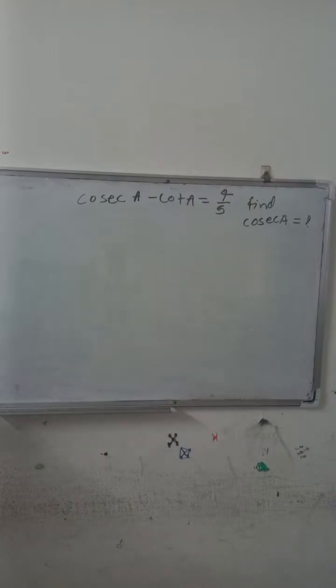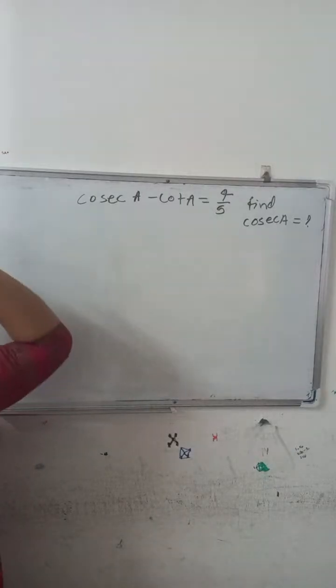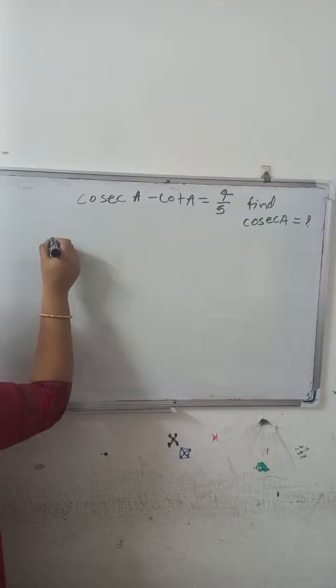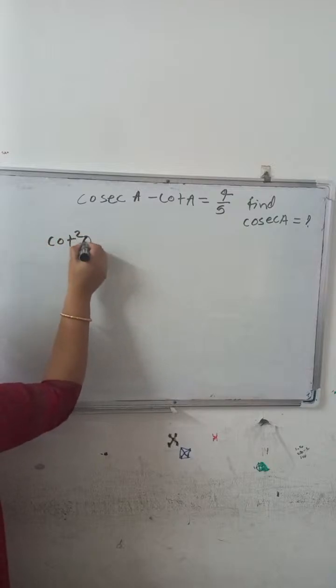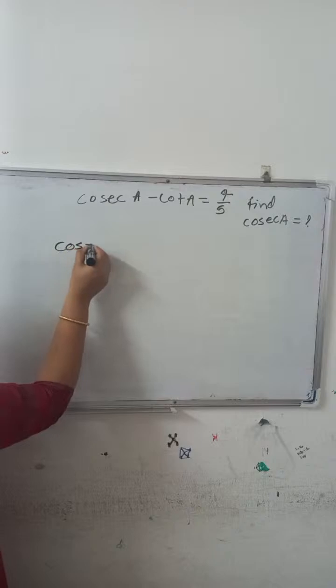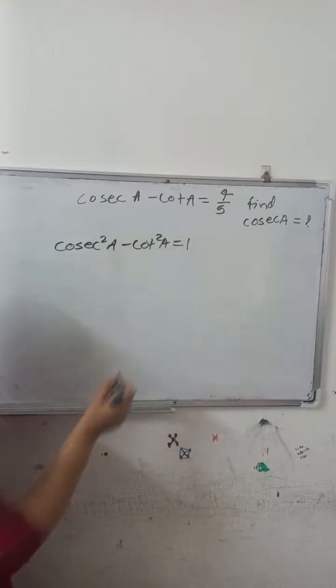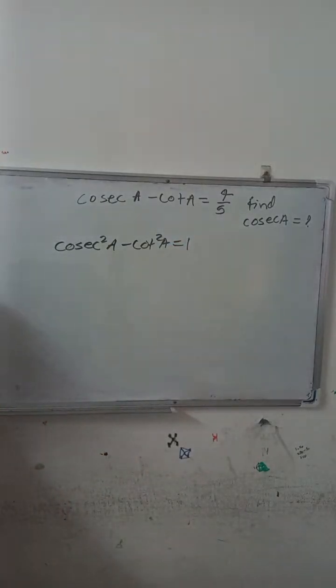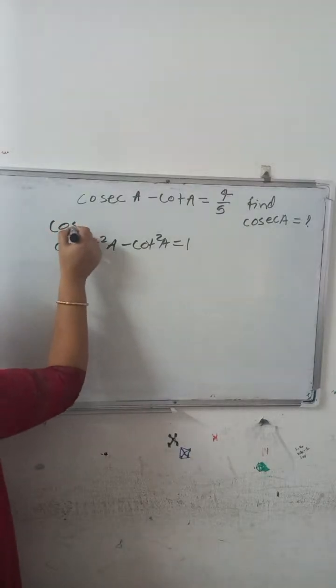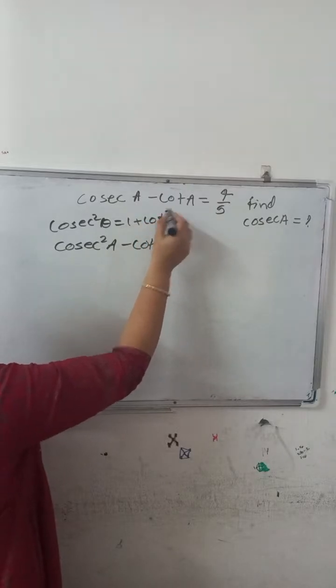So we have the identity, and we can write it as cosec square A minus cot square A is equal to 1, because we have the identity cosec square theta is equal to 1 plus cot square theta, correct?